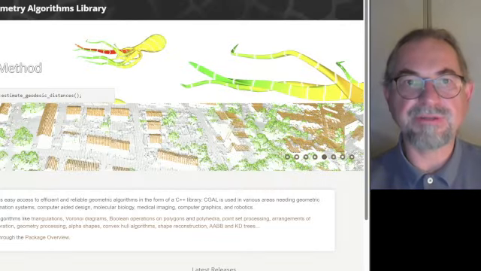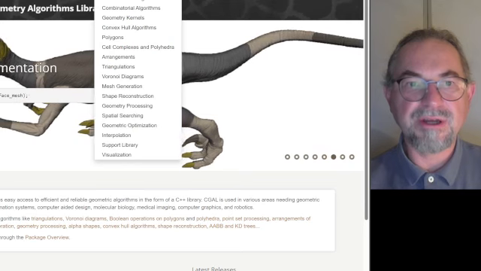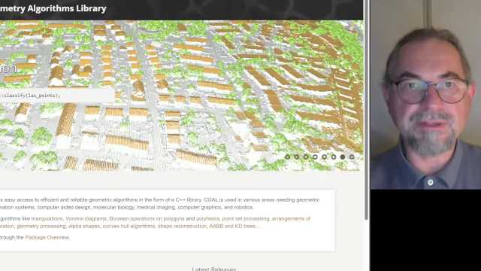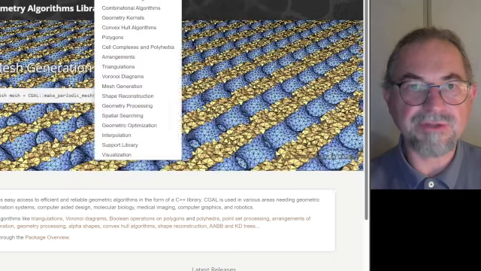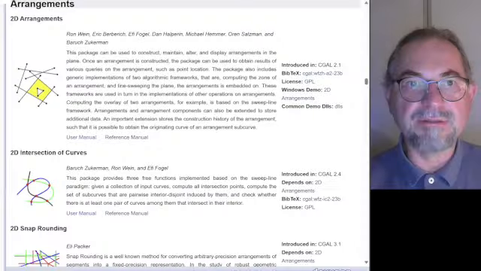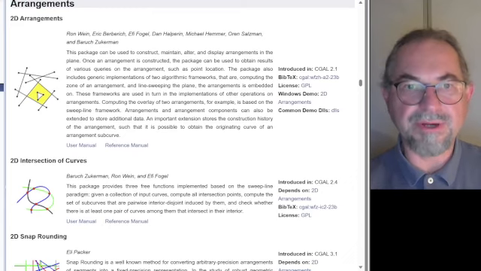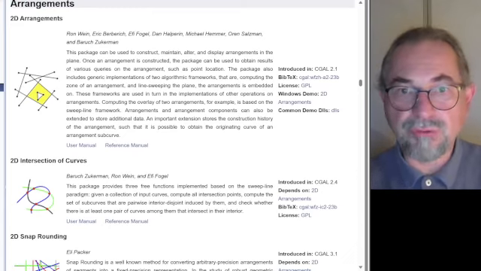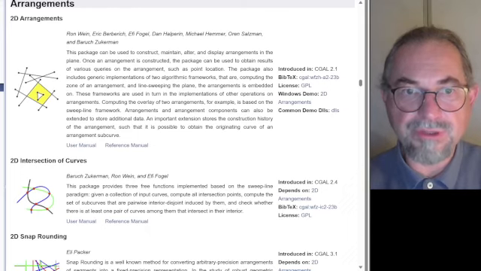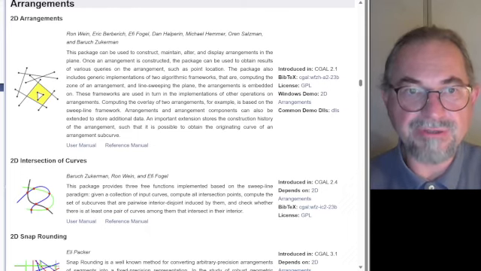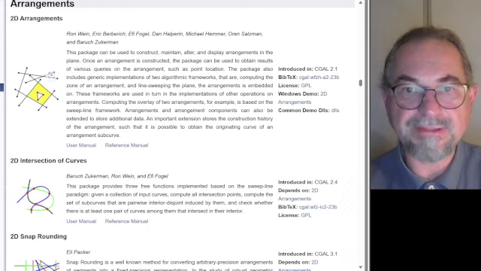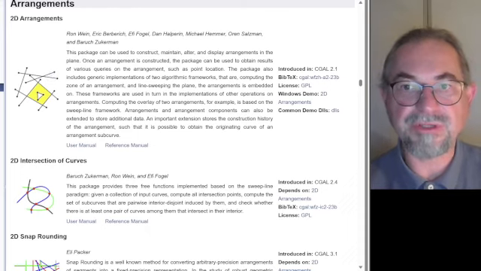On packages, you see here arrangements is there. If you click on the documentation, nothing much is happening because my internet is slow. Then, oh, here we are. So here we are at the 2D arrangements. I pointed to arrangements earlier in the course because here you see arrangements that are determined by line segments, and you see the subdivisions that come with it.